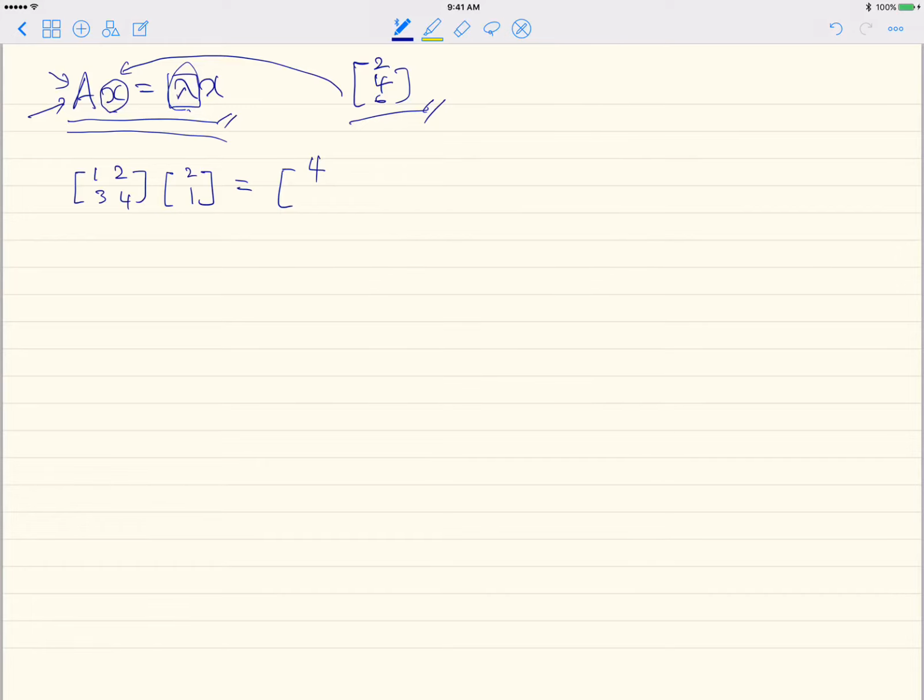It's 4, 10, right? So in this case, let's think about their geometric conversion or transformation. It's like the 2D space x comma y, and it's 2 comma 1. So originally the point was here. So our input vector is this guy, right?